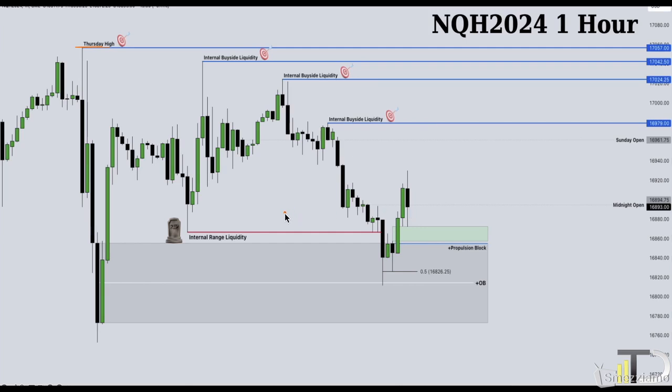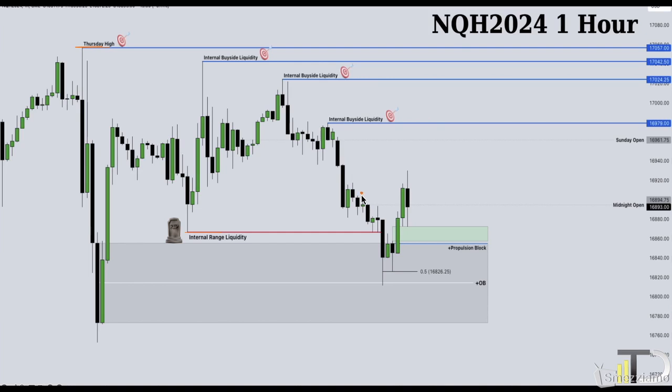Now, what I want you to notice is that when this action happened, this particular internal range liquidity on the sell side was purged. So that's one. Number two, if you look at this price action, this entire thing became an order block. So this candle also is an order block. I have marked the body of this candle as an order block right here.